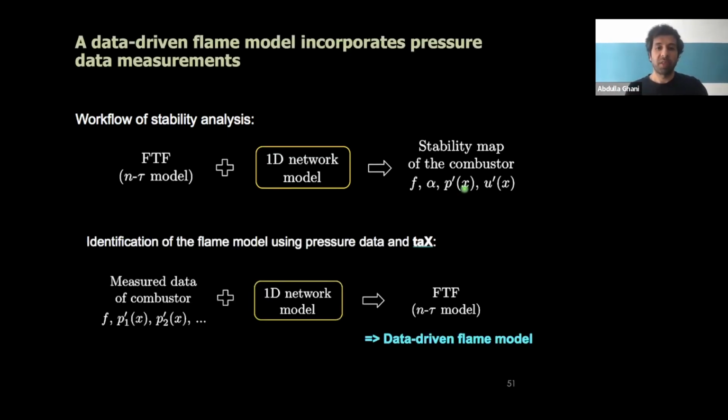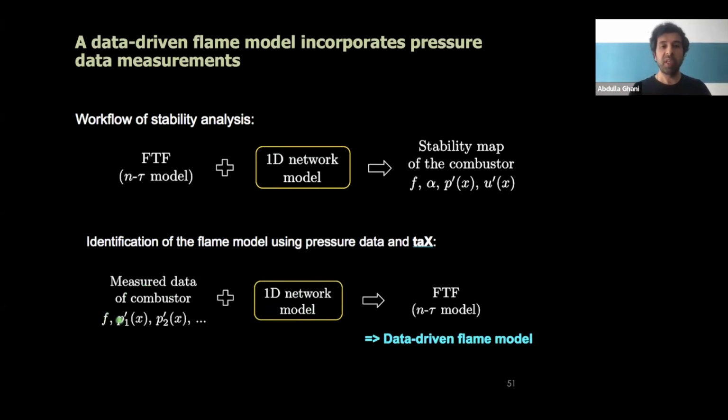So what we can then think about is turning this workflow and saying that, well, the acoustic network model is basically for free because it's just based on the geometry of your system. It's not including any fluid mechanical or combustion processes. So it's just volumes. This you can build always, actually. You have your measured data from your real experiment.